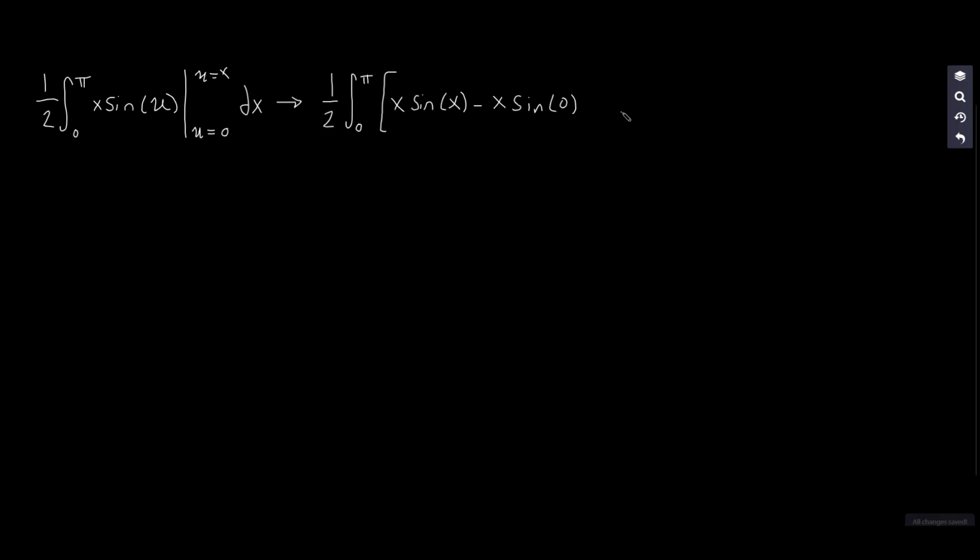Pretty sure that sine of 0 is, oh gosh, I should know this. My calculus professor would get so mad at me right now. I'm pretty sure that's 0. Where's my calculator? I'm pretty sure it's 0. I say that with actually confidence. Yeah, it is 0.